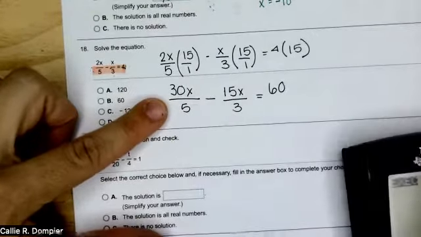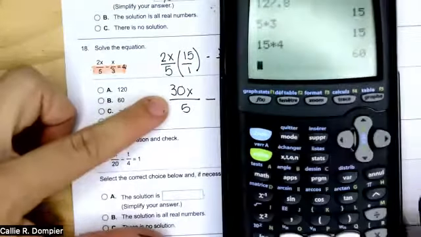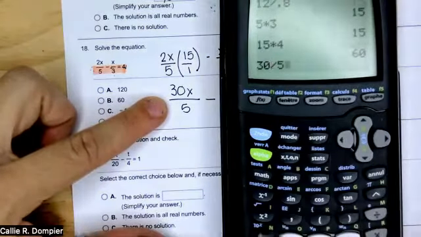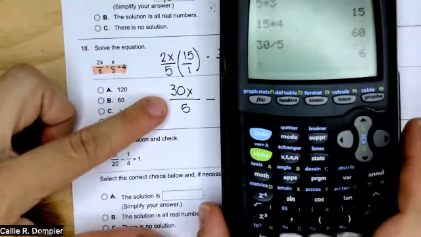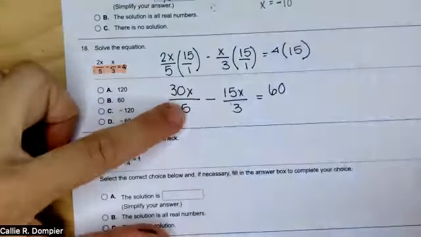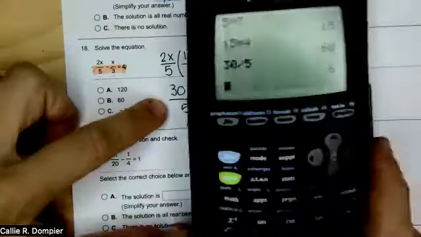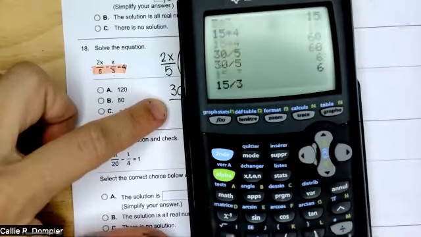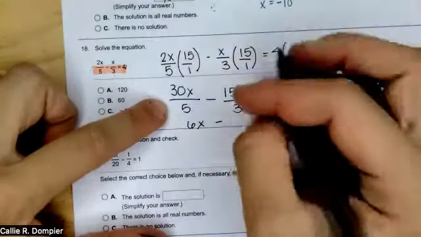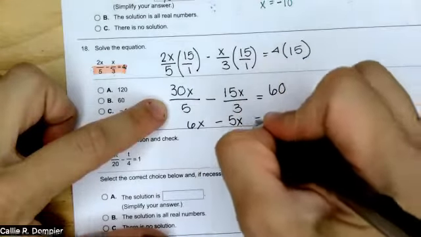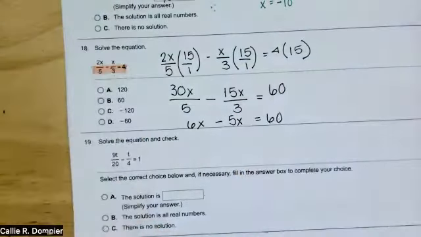So just now, because of the number we chose, we can take 30 and divide it by 5, and it will not be a fraction anymore. 30 divided by 5 becomes 6. 15 divided by 3 becomes 5. Leave 60 alone because there was no fraction ever, right? 4 was never a fraction.